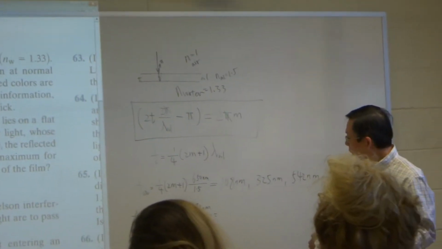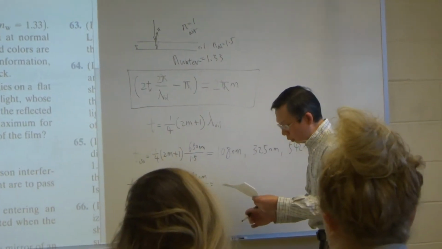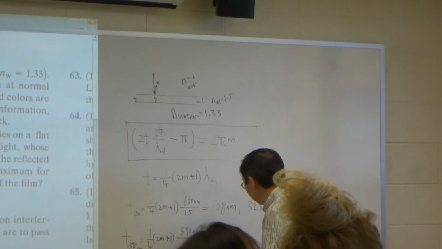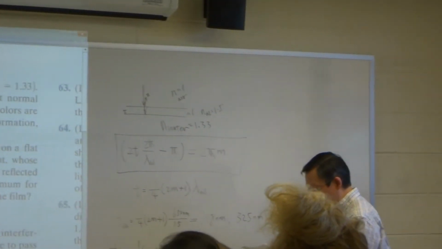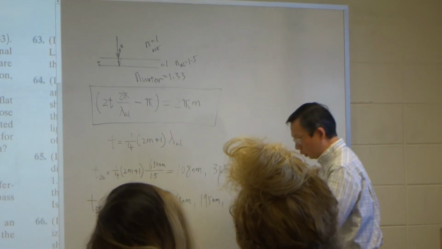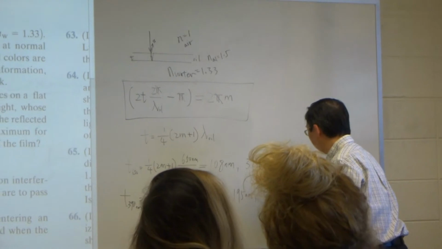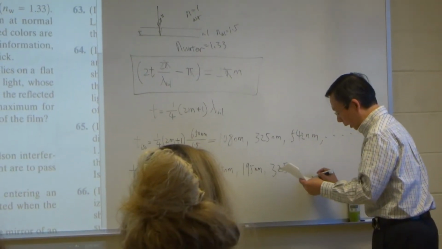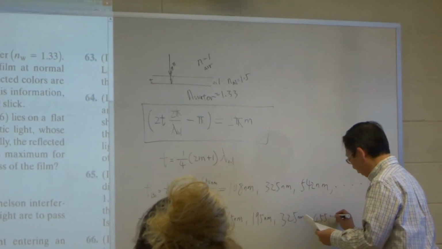So again, you plug in 0, you will get 65 nanometers. You plug in 1, you will get 195 nanometers. You plug in 2, you will get 325 nanometers. If you plug in 3, you will get 465 nanometers.